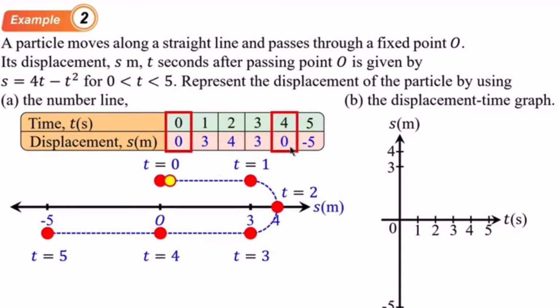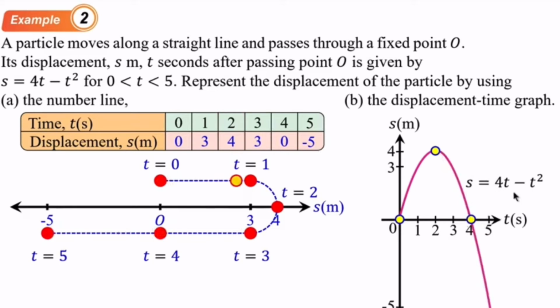When t equal to 0, the starting point is 0, and when t equal to 4 the displacement is also 0, so that is the intercept. We call it y-intercept, but it's actually the displacement equal to 0. So we get an N shape because the particle has the maximum displacement, and the function is a quadratic function.